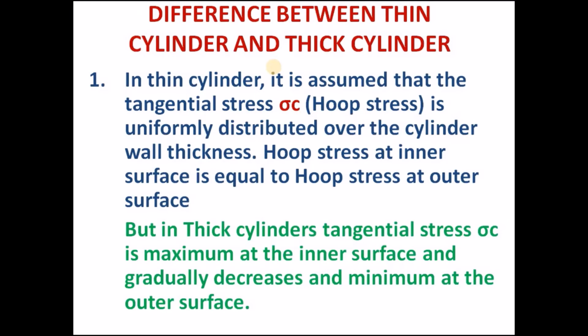Then the difference between a thin cylinder and a thick cylinder. When considering the stresses for the design, what are the differences between thin cylinder and thick cylinder? In the case of the thin cylinder, it is assumed that the tangential stress, here the hoop stress itself, is uniformly distributed over the cylinder wall thickness.